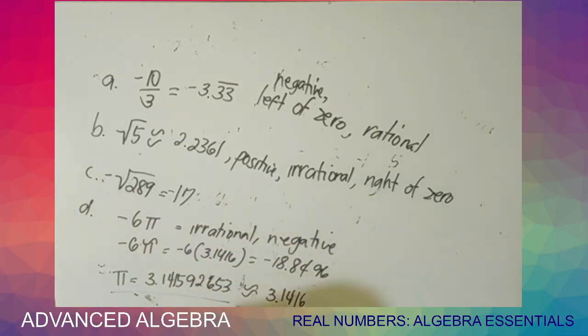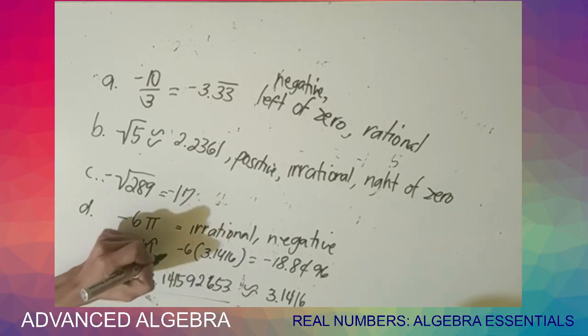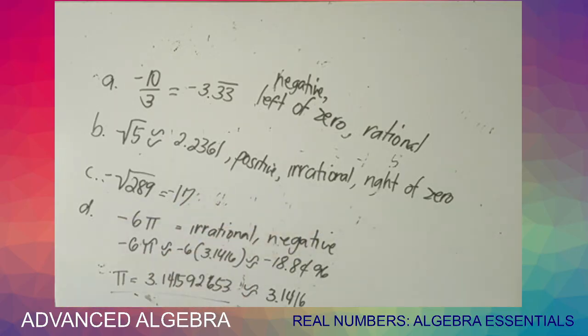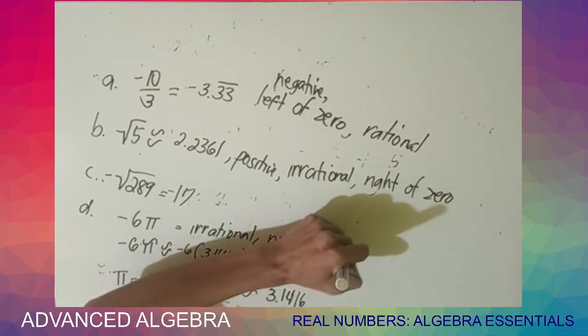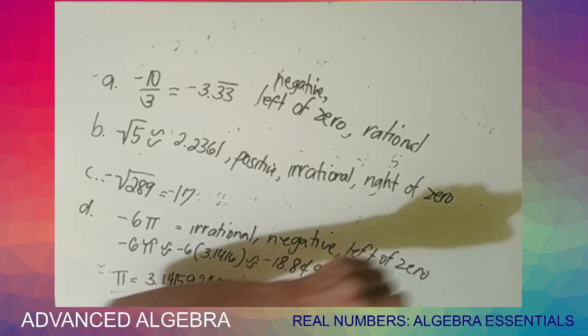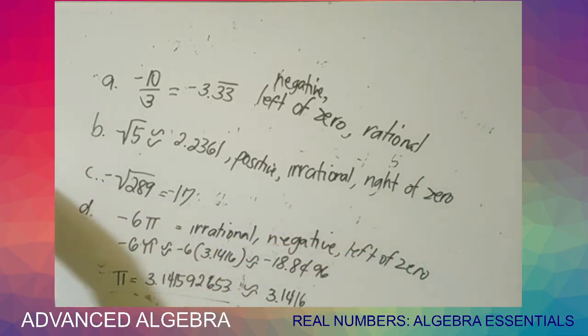It is just an approximation. So the answer is negative 18.8496. This means it is a negative number, because we have a negative here earlier, and it is to the left of 0 on the number line. Left of 0, since it is a negative number.